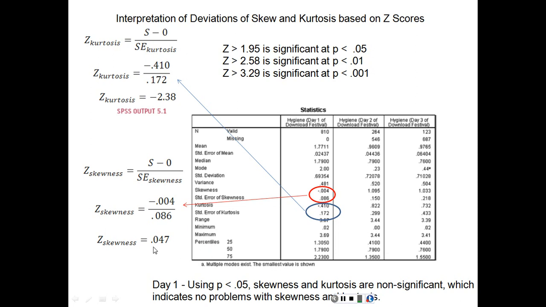And so my skewness z-score would be 0.047, and again, it is not greater than 1.95. So based on these indicators, using my 0.05 p-value, skewness and kurtosis are non-significant, which indicates there is no problem with skewness and kurtosis.